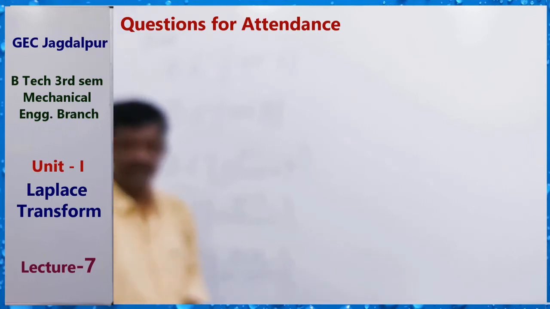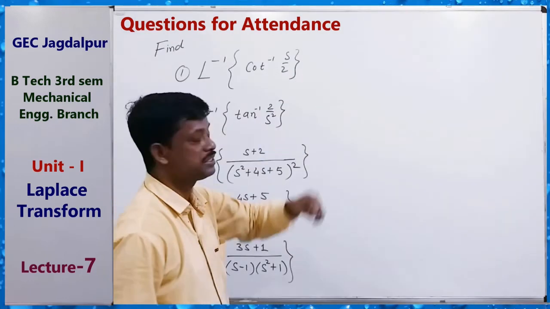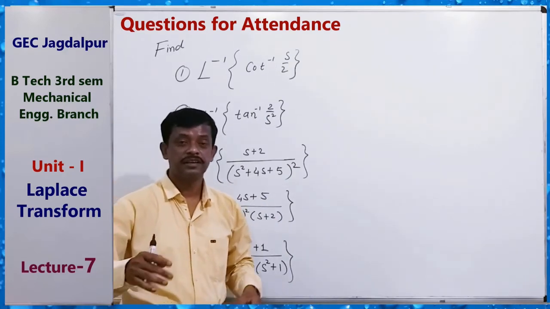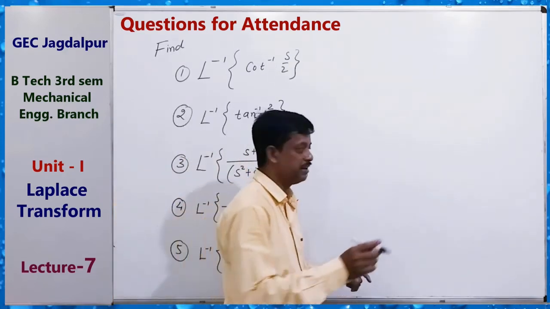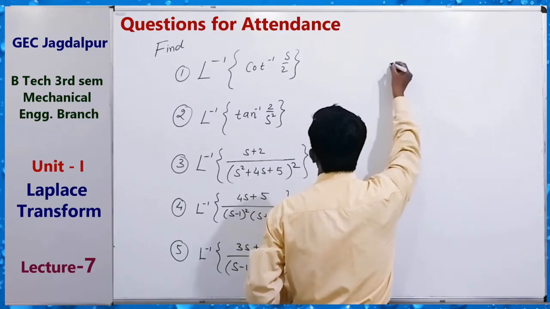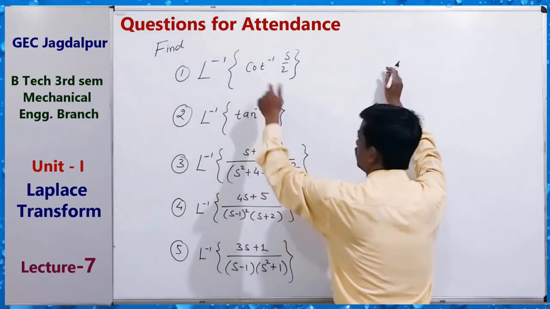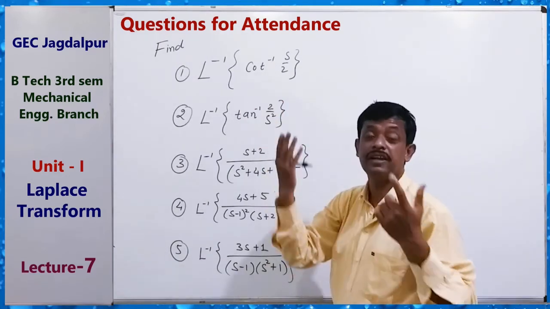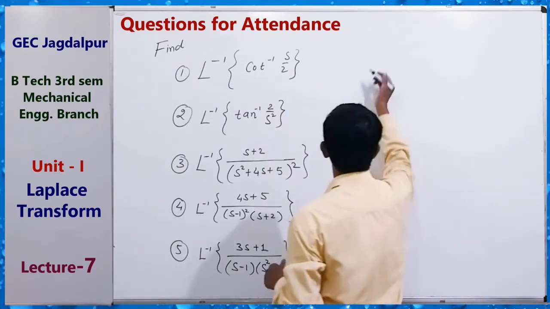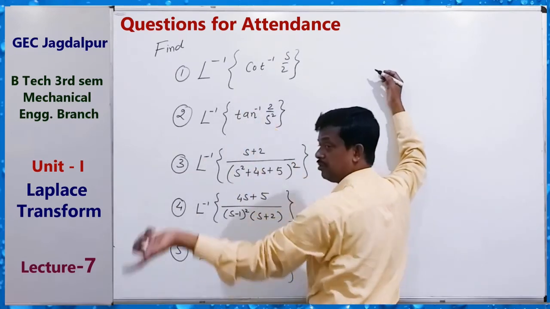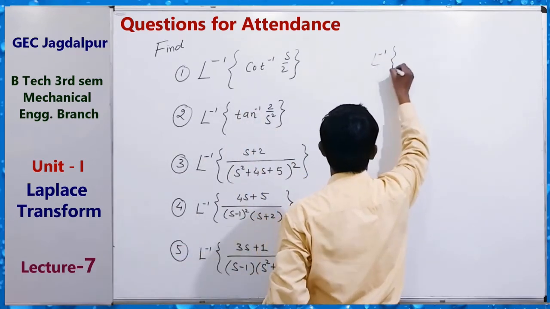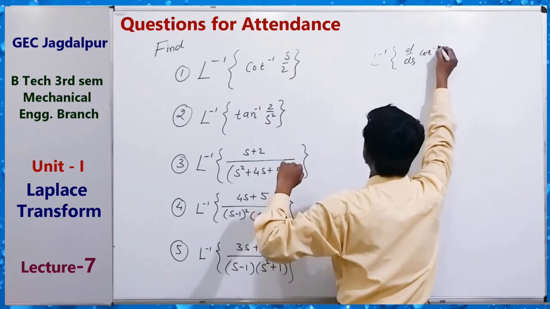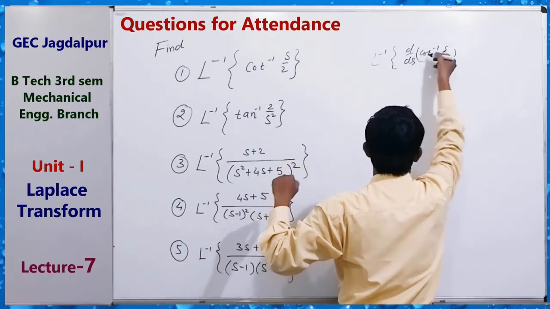We know the differentiation of cot inverse x equals minus 1 upon 1 plus x square. So apply which formula? The inverse Laplace transform of the derivative of F(s). L inverse of dy by ds, here it will be cot inverse s by 2.